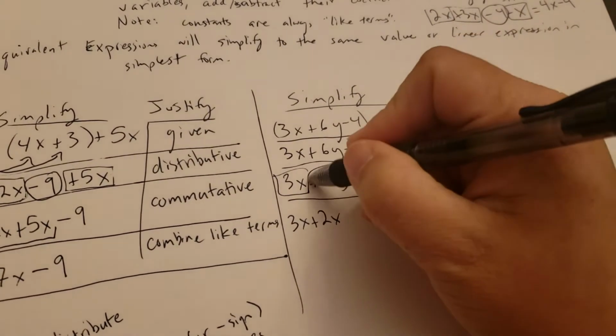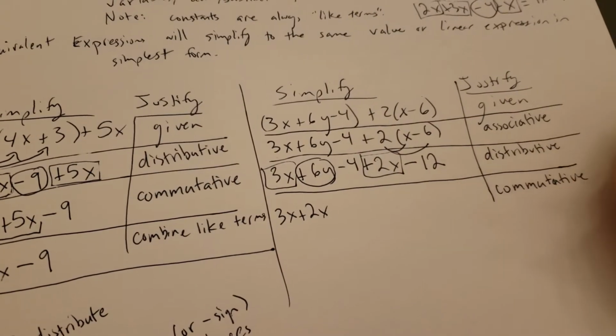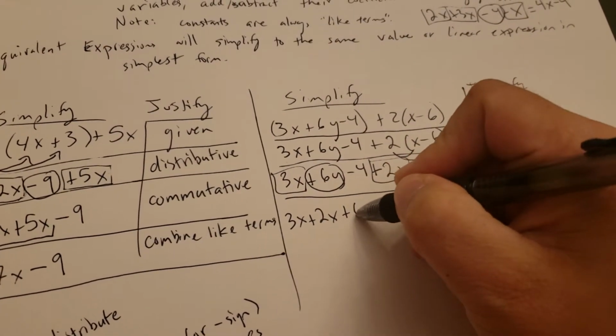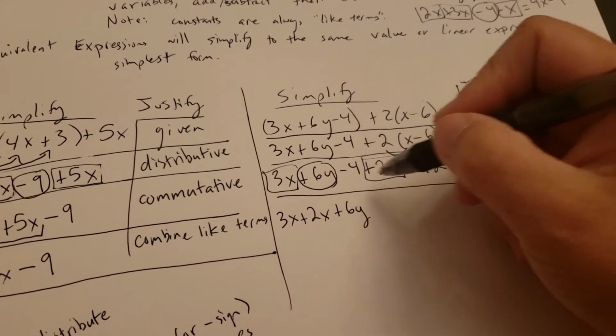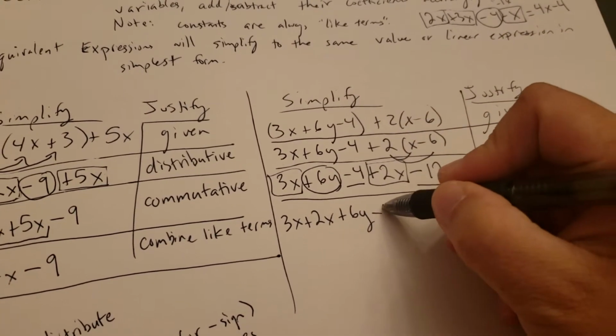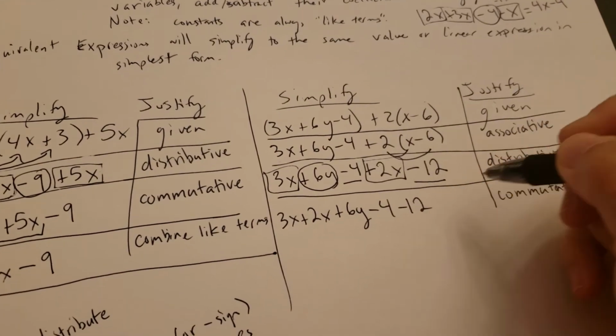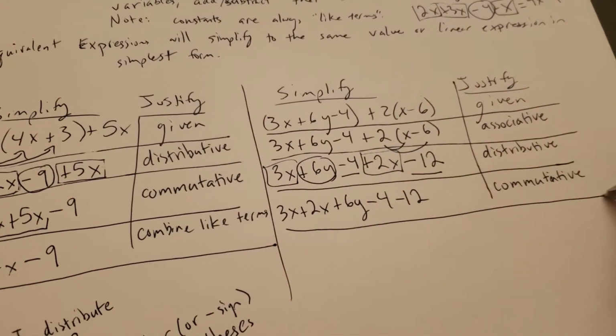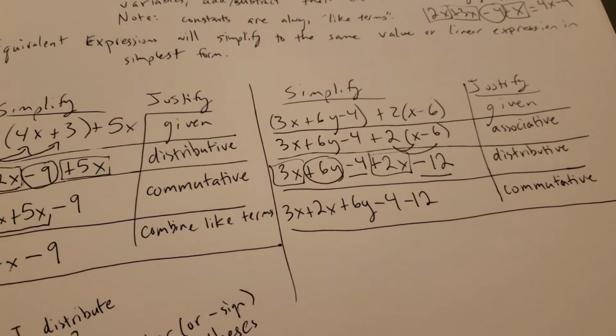I've got plus 6y, and that's the only thing with y in it. I don't want to forget to write everything down. And let me just underline my constants. I have a minus 4, a minus 12. I've just rearranged everything so that I can take a look and see what goes together.